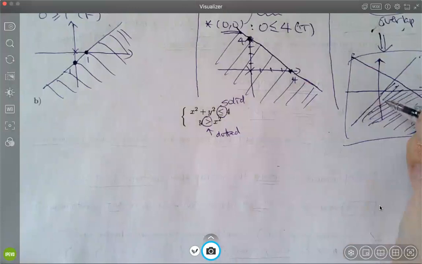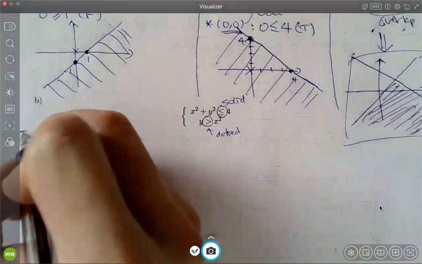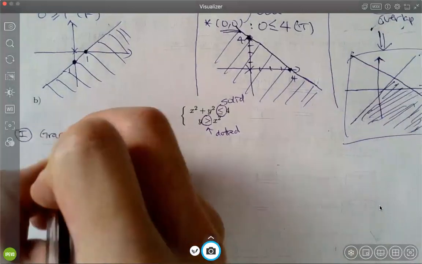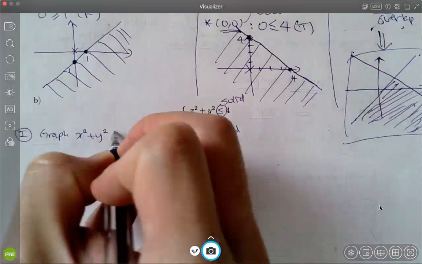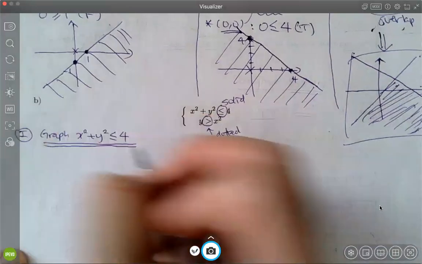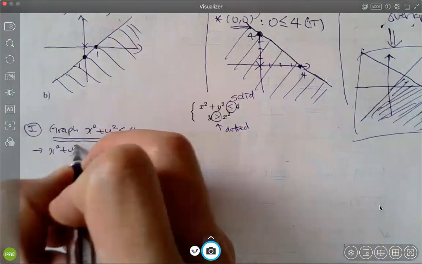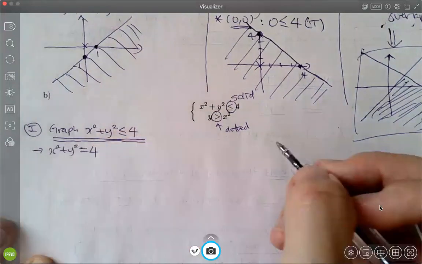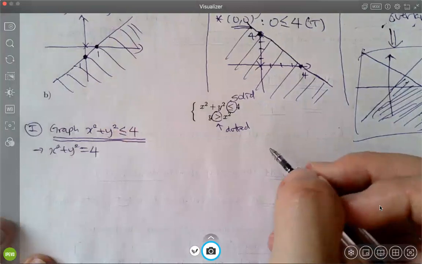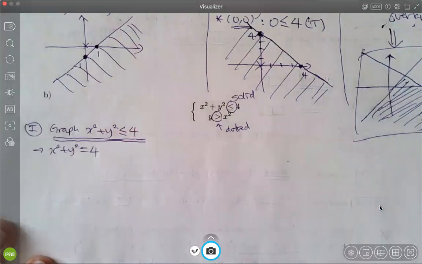Okay, so now let's sketch the graph of the top one. Okay, so this means we pretend that we had x squared plus y squared is equal to 4. Okay, now, have we seen the equation of this type before? And if so, do you remember how the graph looks like?